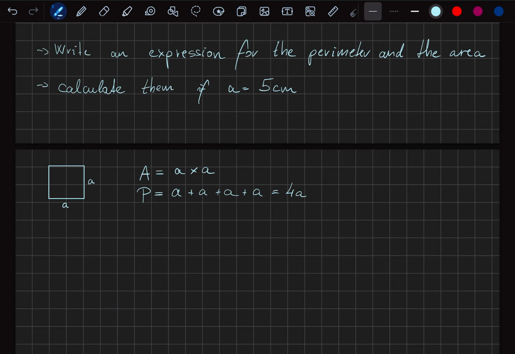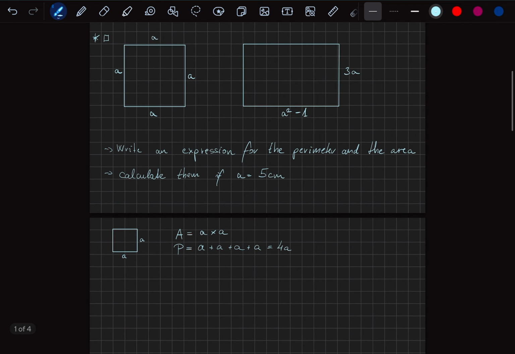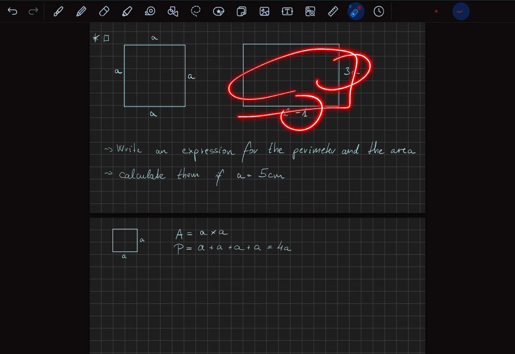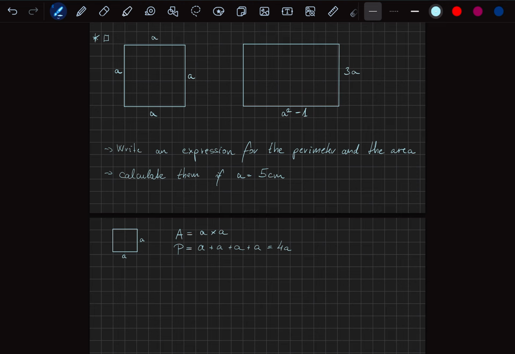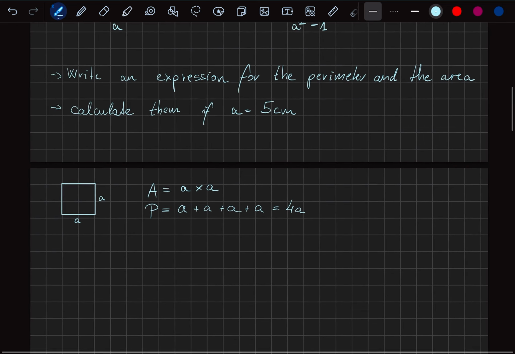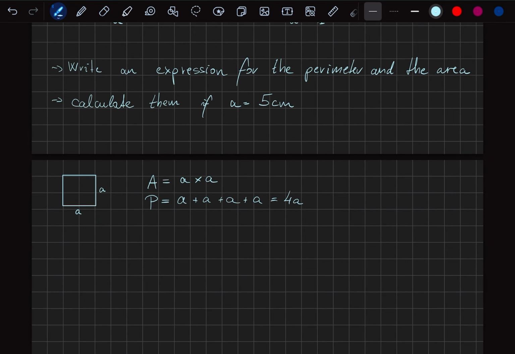Right now we don't have any other letter here, so it's no a plus b. Basically it's an easy question. Just calculate the area and the perimeter if a equals 5.